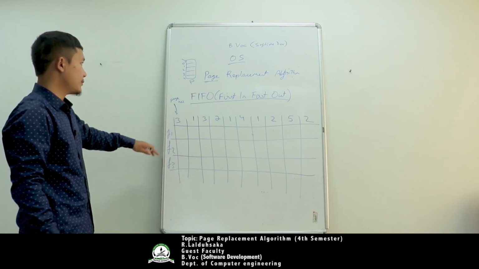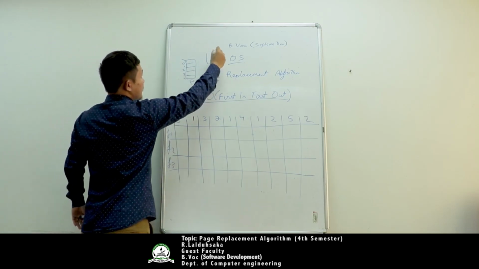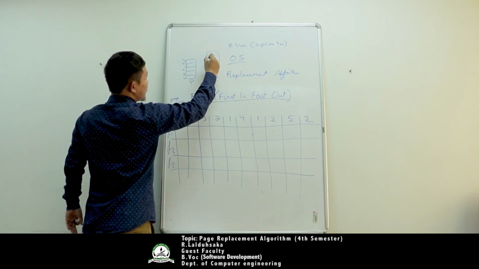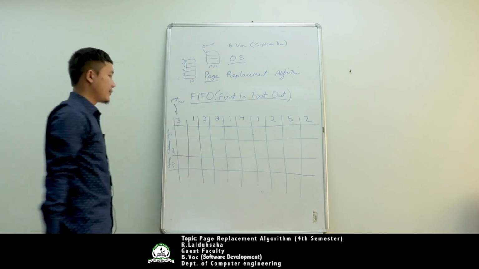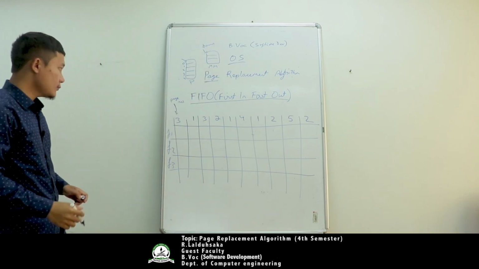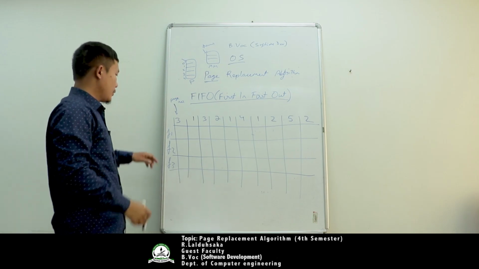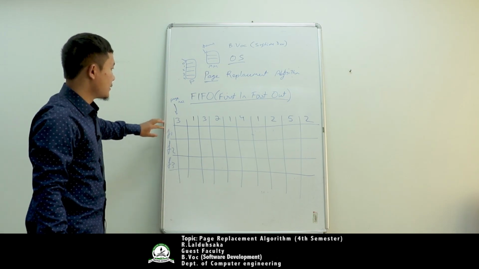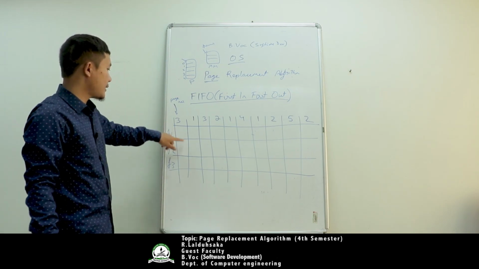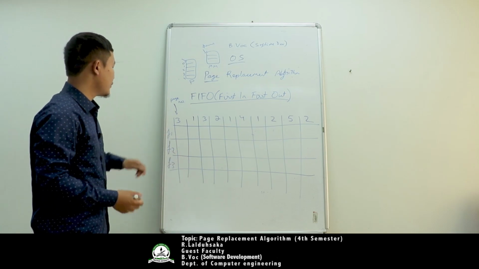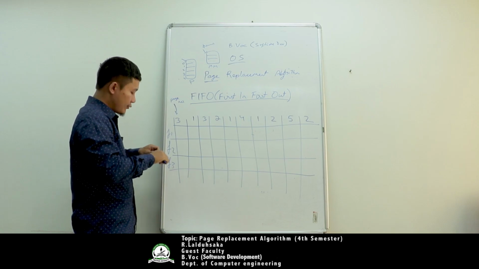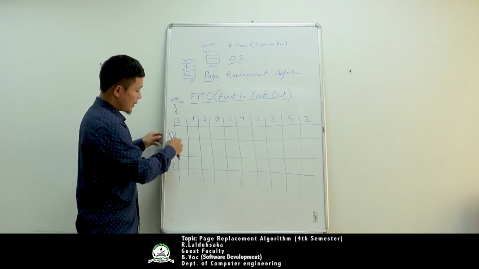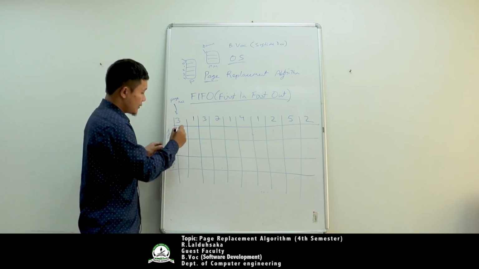These are the frames. Frames means, in the main memory, the segments are called frames. We assume that at first the frames are empty. So when page number 3 is requested, it will be located in any of the frames. Let's say F1, 3.